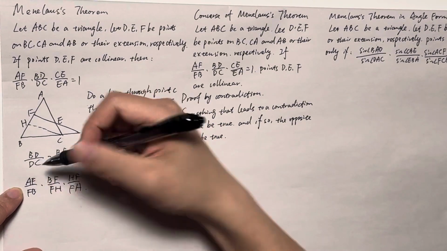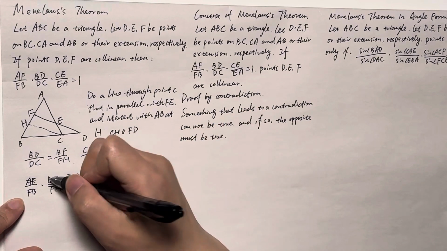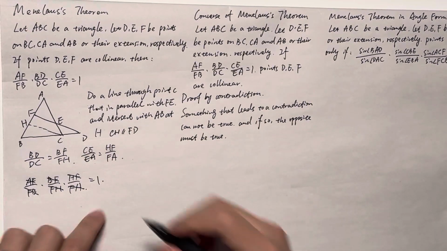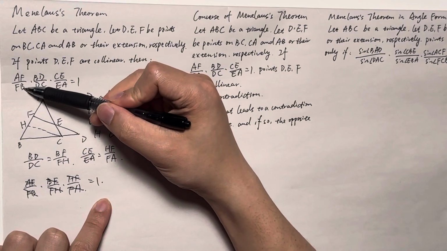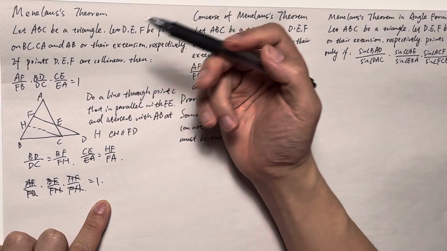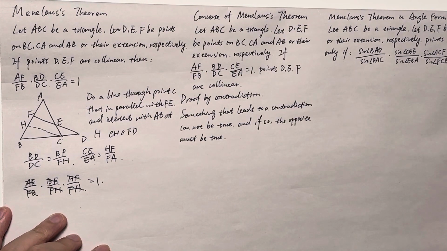We know that AF equals FA, HF equals FH, BF equals FB. So this product is 1. That means AF divided by FB times BD divided by DC times CE divided by EA equals 1. So we prove the Menelaus theorem.